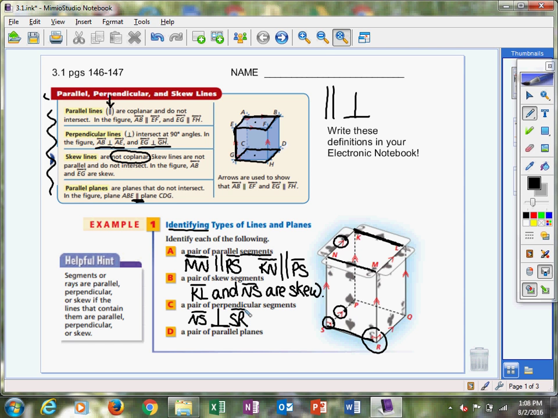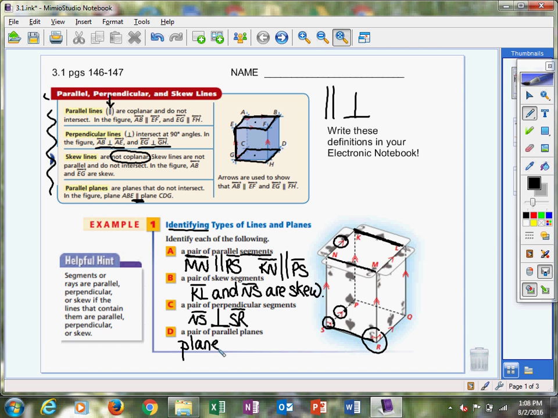Okay? And a pair of parallel planes. You've got 1, 2, 3 pairs of them that you can choose from, so it doesn't really matter what you choose. You could do top and bottom, so we could do plane and use 3 letters.